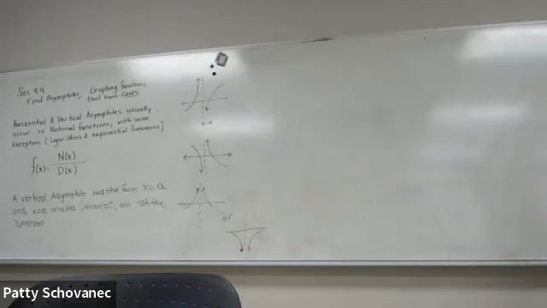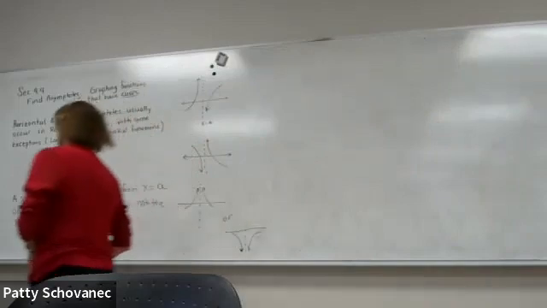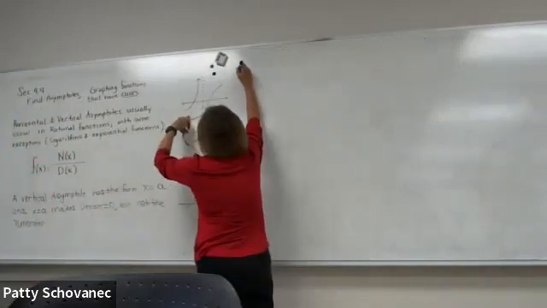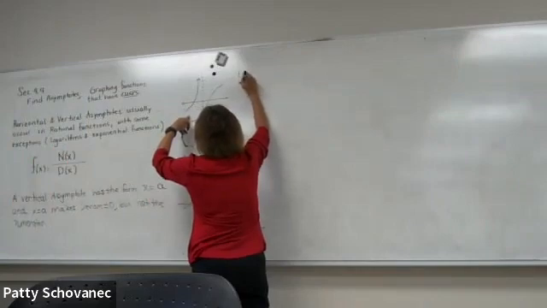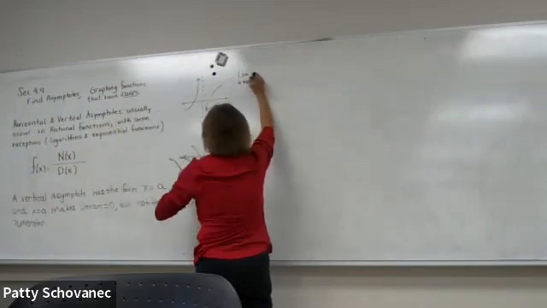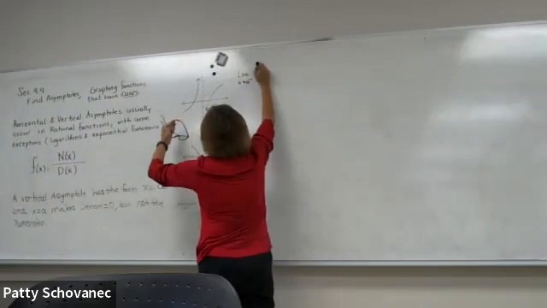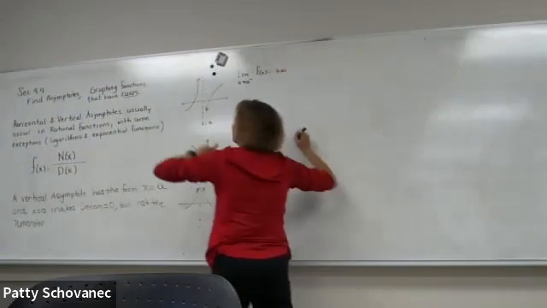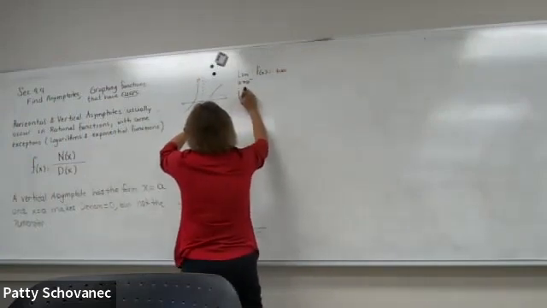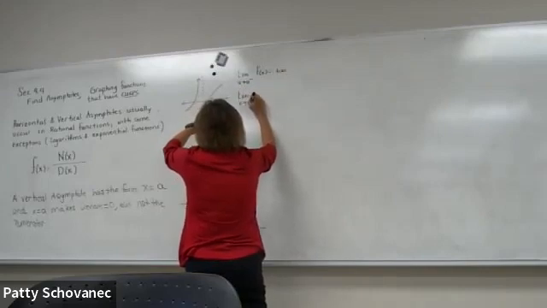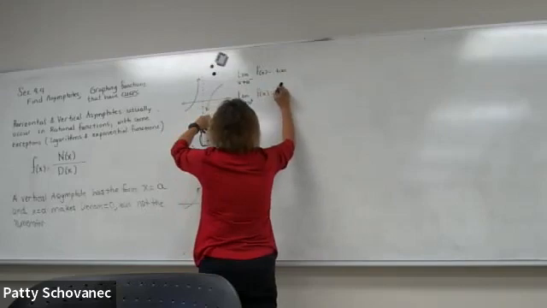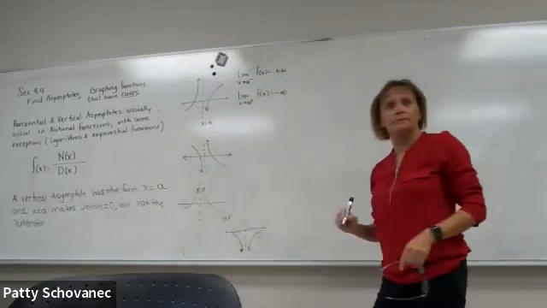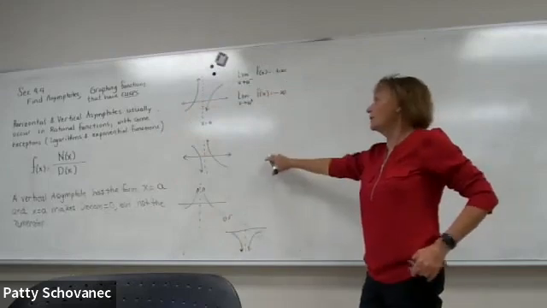We will describe the behavior of a function near an asymptote with one-sided limits. The one-sided limits will become infinite. This picture says that the limit as x goes to A from the left-hand side of whatever the function is, that limit goes to plus infinity. And if I come in from the right, then my function drops forever, so we say it goes to minus infinity. This one will be the opposite.